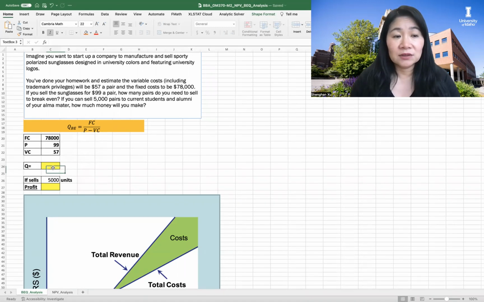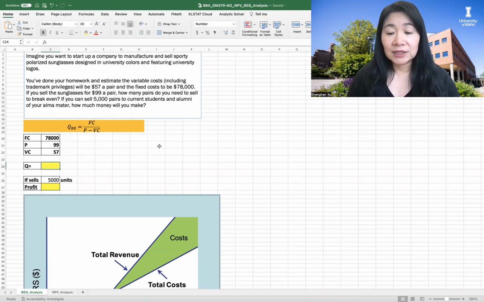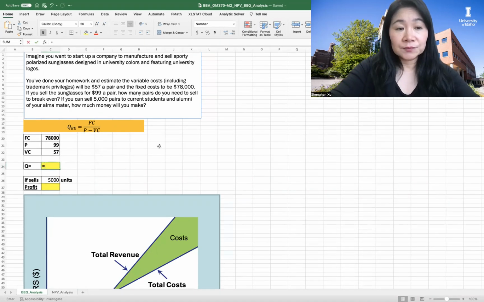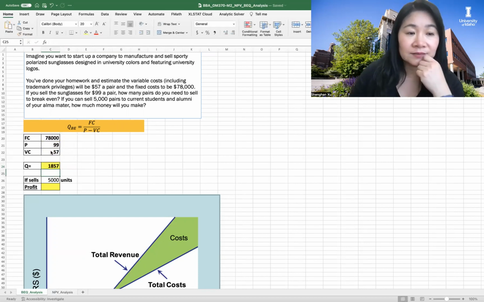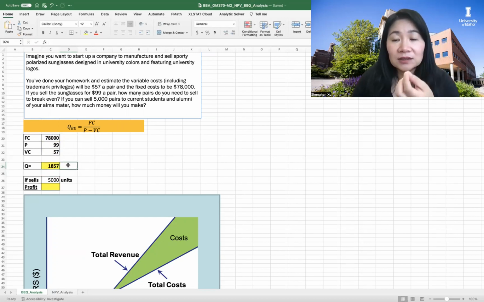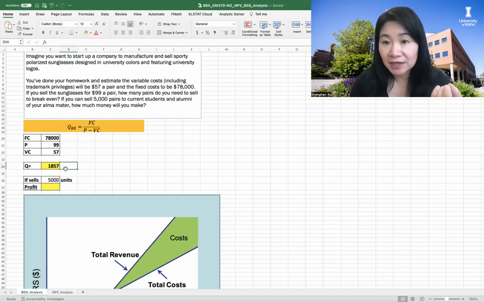Okay, so apply the formula. Break-even quantity is equal to fixed cost divided by the price minus the variable cost, right? So now if you can sell more than 1,857 pairs, you will start to make a profit.